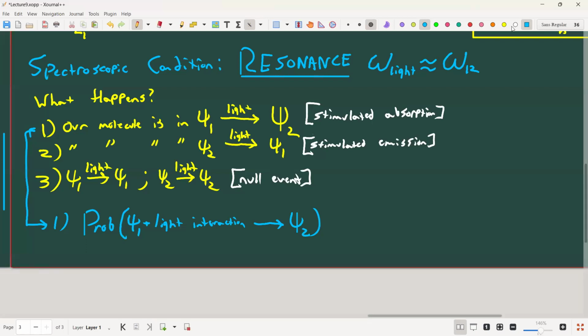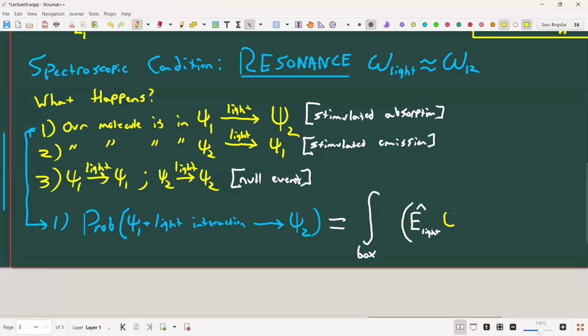So just like on the homework, we're going to have an integral over the box. We're first going to have some operator, which we haven't defined yet, we'll call it E light, an interaction operator, and we're applying it to psi 1.